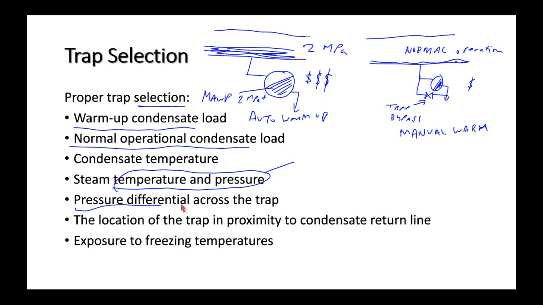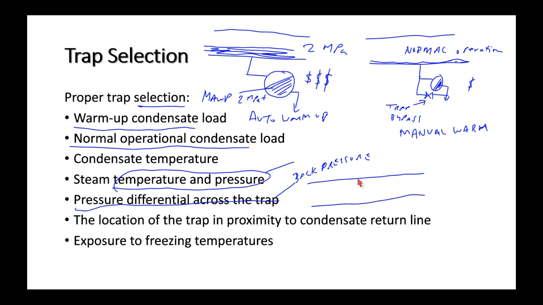Now, another thing is pressure differential across the trap. And all we're going to look at right now is back pressure. So the back pressure on the trap, so back in the old days, before we had mechanical steam traps, some engineers got the bright idea of, hey, look, we can install a fixed orifice in the condensate line.